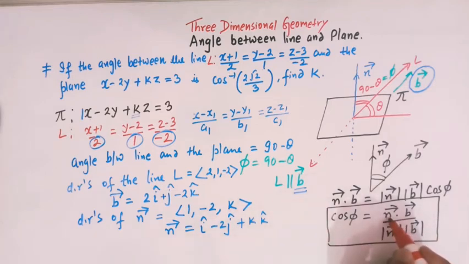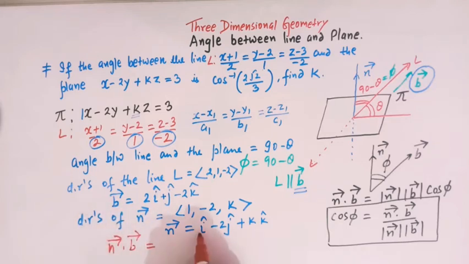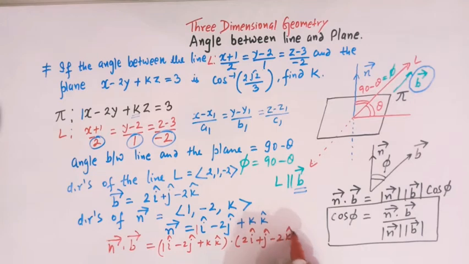So now let us calculate n dot b. Here we have 1 i cap minus 2j cap plus k k cap, and we have this vector b, 2i cap plus j cap minus 2k cap, and we know how to calculate the dot product of two vectors. We multiply the i components, then the j components and the k components, and then we add the three numbers.